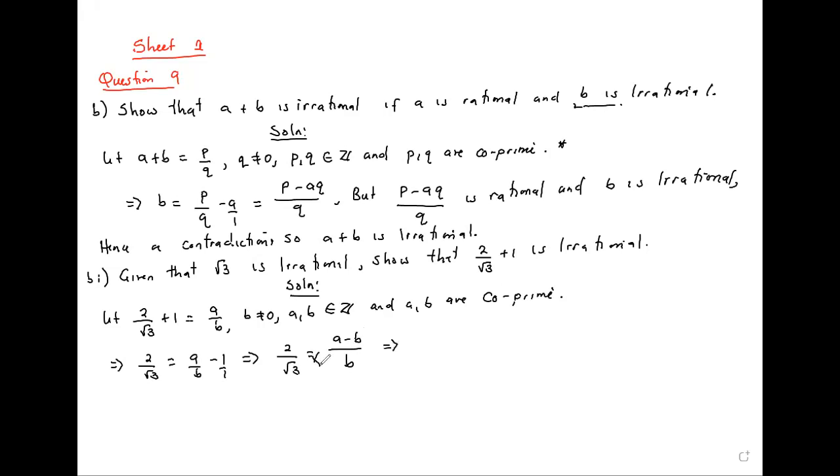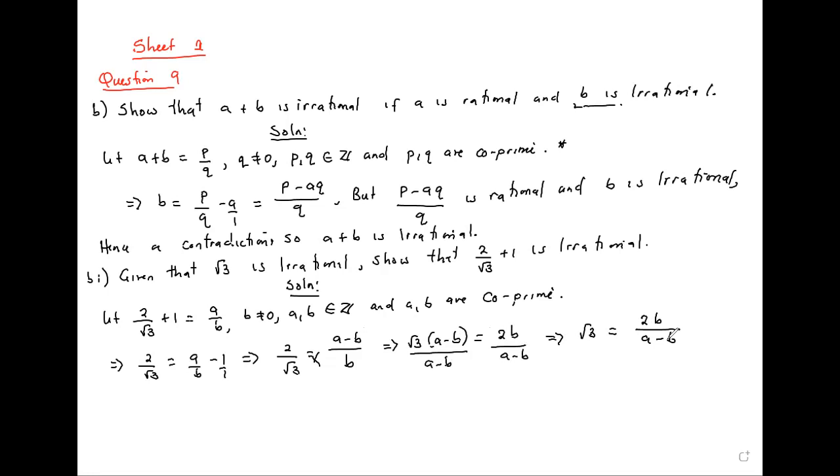So cross multiply, you have root 3 times a minus b is equal to 2b. Then you divide by a minus b. So you have root 3 is equal to 2b over a minus b.